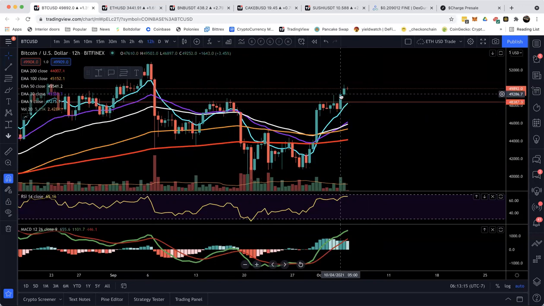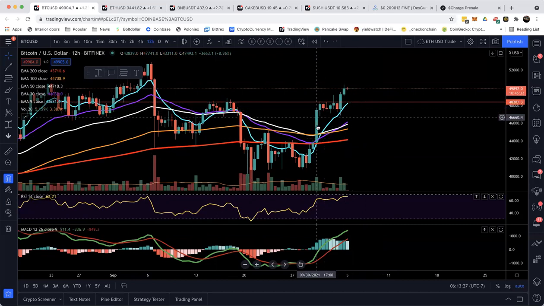And look, we had a nice clean break. What am I expecting? A back test. A back test in this area, the same way that I'm expecting the back test in the 200 EMA on the 4-hour time frame, which lines up to the 100 EMA on the 12-hour time frame, which is this area here. And on this particular time frame, we have the 50 and the 100 that converge together.